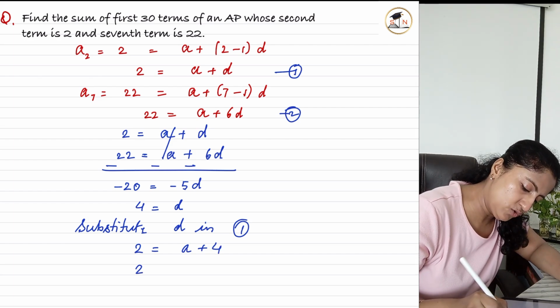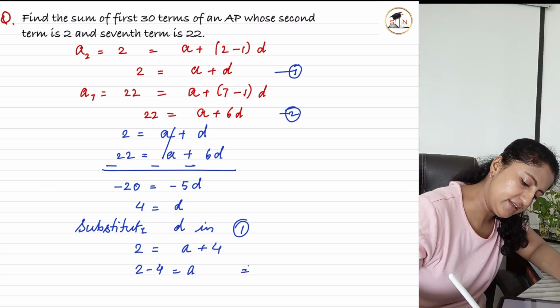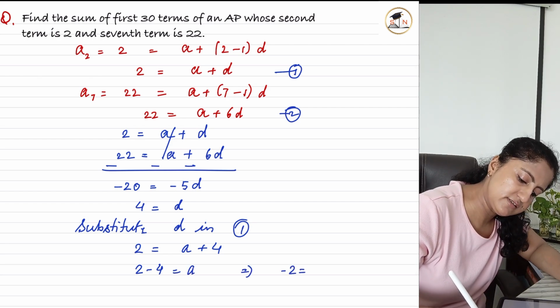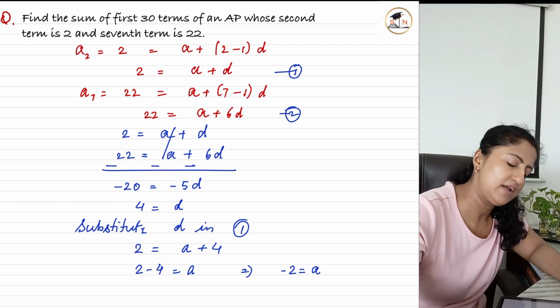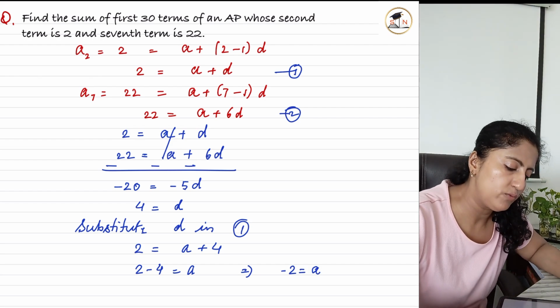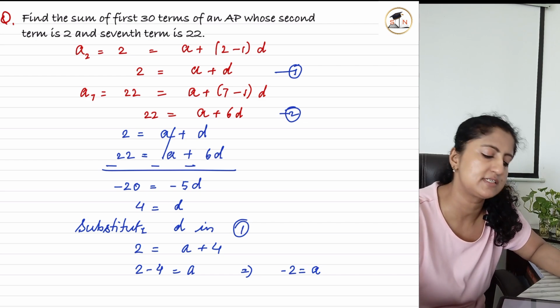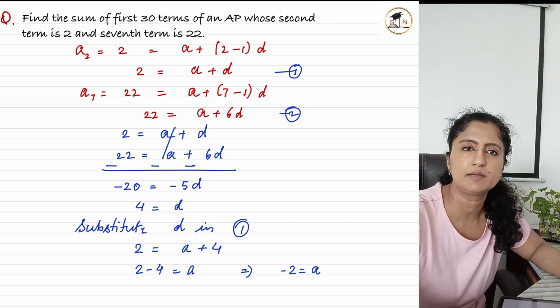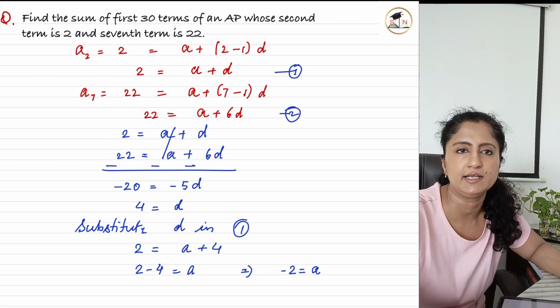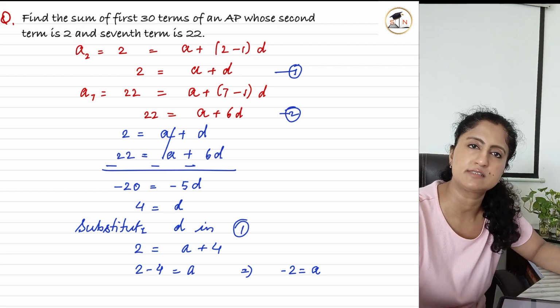I get 2 minus 4 equals A. That is negative 2 equals A. So what we have seen, right now we have just solved for the expressions given to us as second term is 2 and seventh term is 22. So using them, we have found the value of A and D. We already had our N as 30.